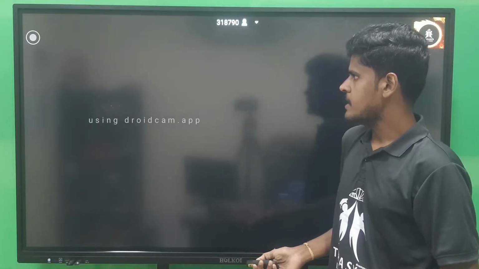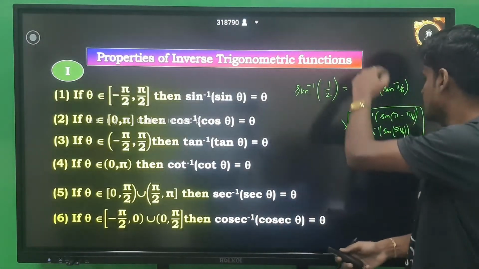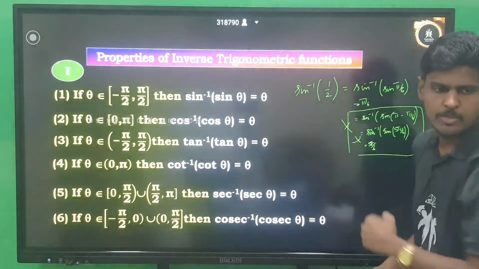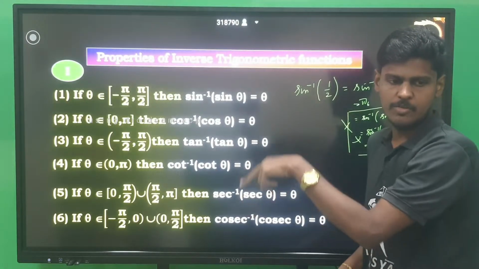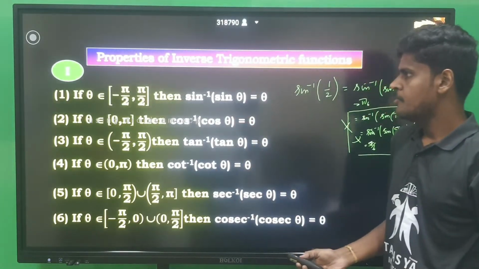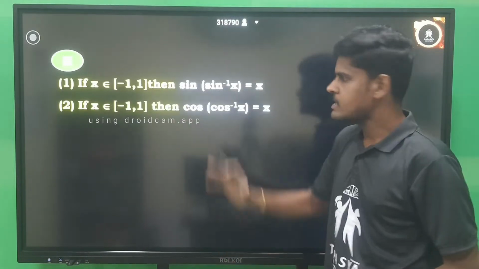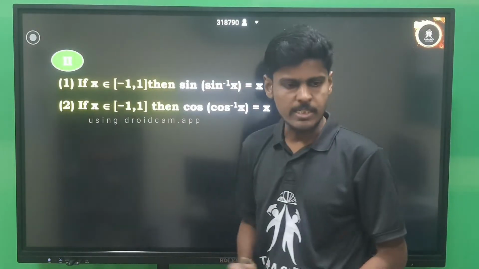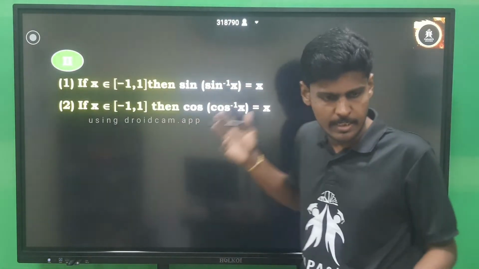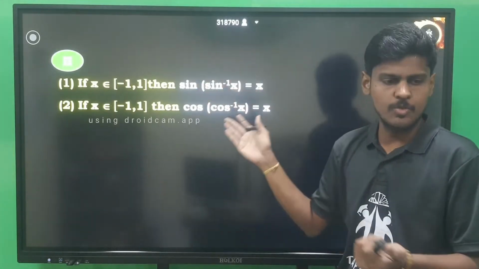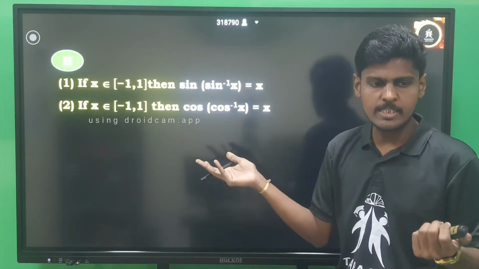In the previous case we discussed an example where we can find many values of theta that satisfy this, so we needed to convert. For the second property, it is not like that. This curve only exists in this region because sin inverse of 2 is not defined. Sin of sin inverse 2, the answer is not 2.